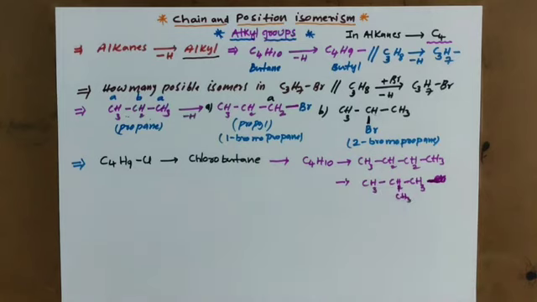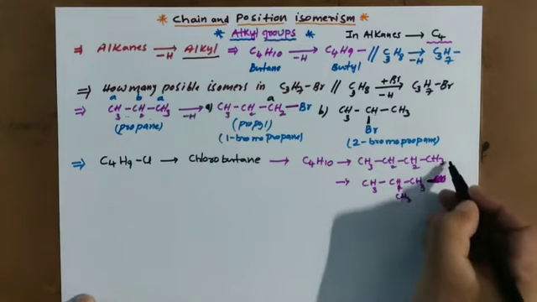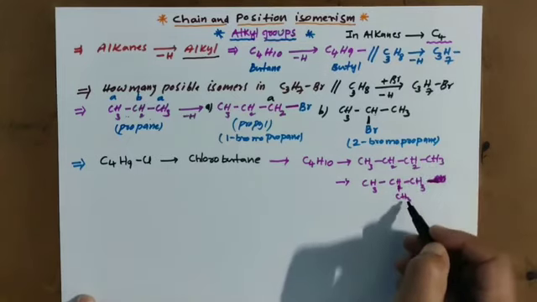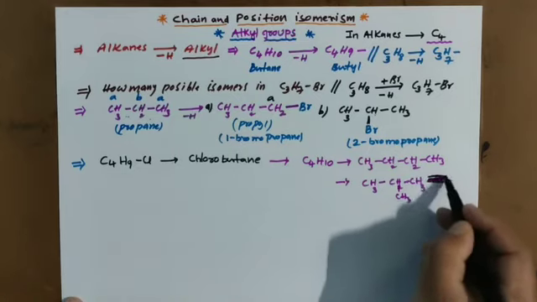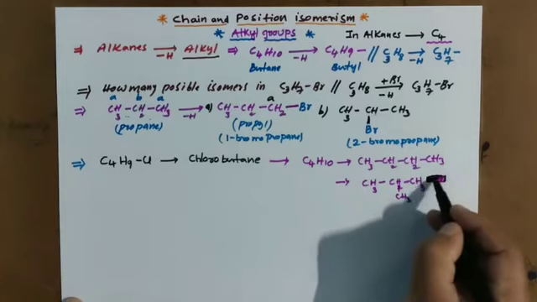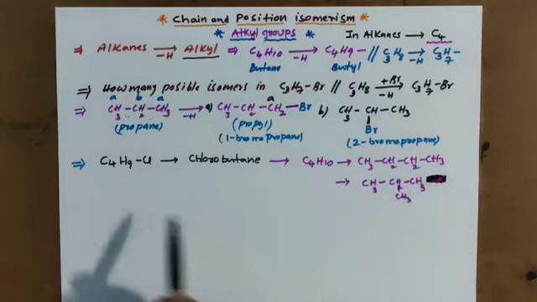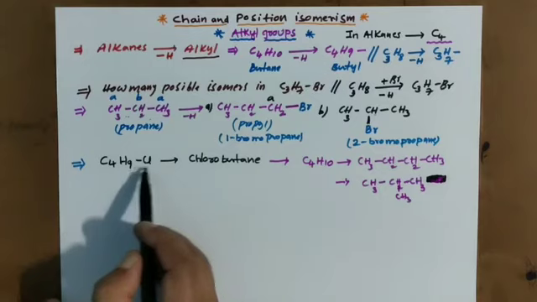This is isobutane. So butane has two types of isomers, as we already know: n-butane and isobutane. By using this, now we can predict how many possible isomers are possible for chlorobutane.